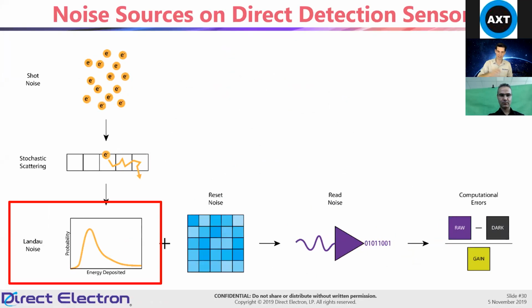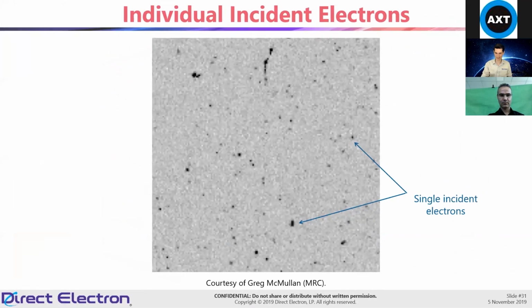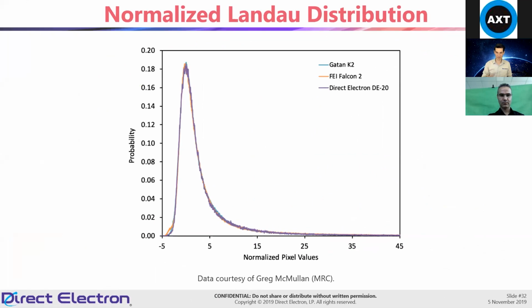So that was all about stochastic scattering. Then one of the other components is Landau noise. This is the probability of the electrons leaving a certain amount of signal in each pixel. To make a long story short, talking about these single electron events, all cameras, all direct detectors have exactly the same sort of normalized Landau distribution.